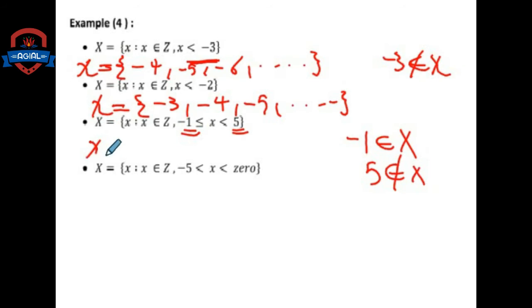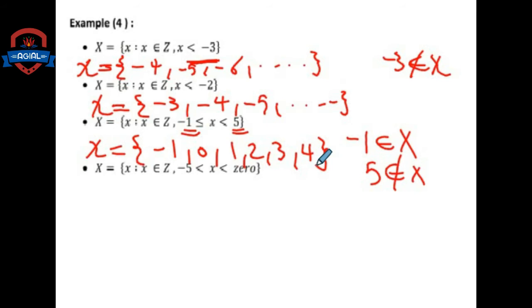So the set X, we open bracket, we have negative 1, because negative 1 belongs to the set, and 0, and 1, 2, 3, 4, and we close the bracket, because 5 doesn't belong to the set.